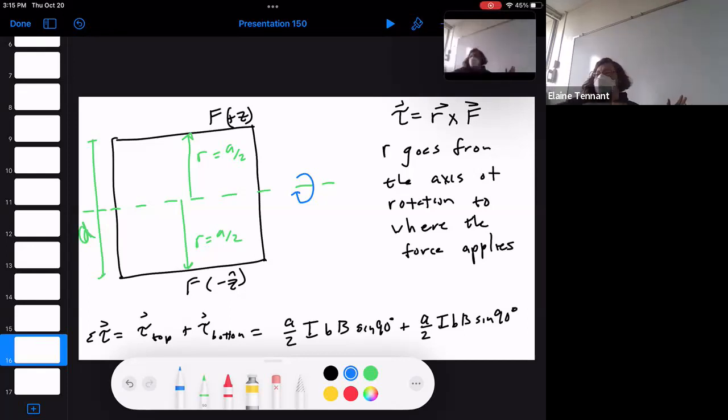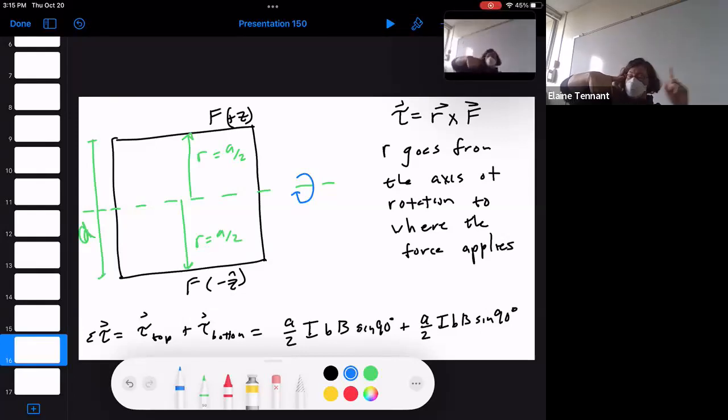So instead of saying we're rotating clockwise or counterclockwise, we'll use a right-hand rule, where we take our right hand, we line it up with our picture, and we curl our fingers in the way we expect this thing to spin.